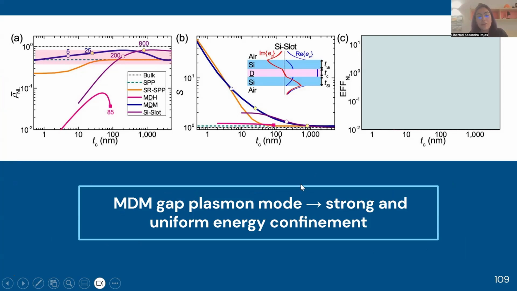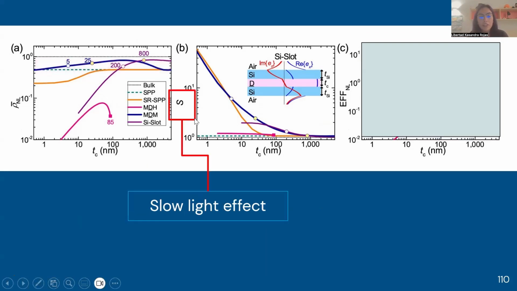This is mainly because, as I previously mentioned, in MDM waveguides you have strong and uniform energy confinement. Uniform just means that you do not have an electric field that's oscillating like that. You have something that is uniform throughout your entire waveguide, so it allows you to keep good nonlinear values all through that waveguide. That is what this first plot is telling us.